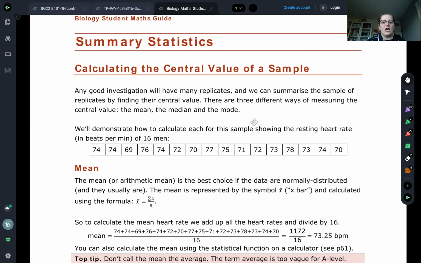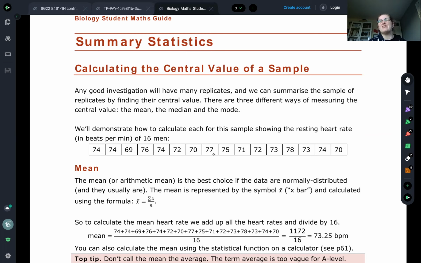So in biology, there's statistics, and we use them basically to see if, when we've done an experiment, there's actually some genuine significant difference in our results, because there is no point doing a test, getting some results, and then looking at it and going, well, I have zero clue what these results mean.